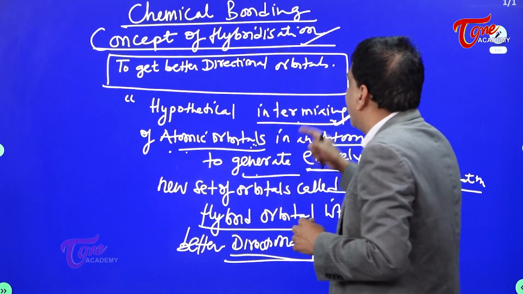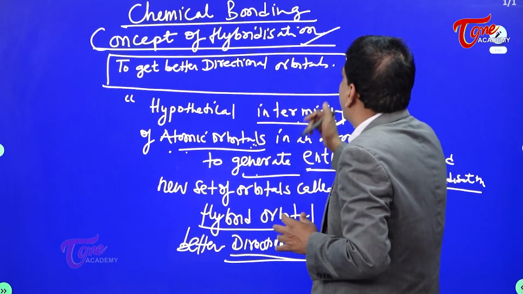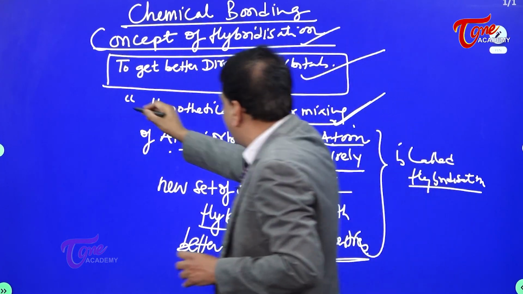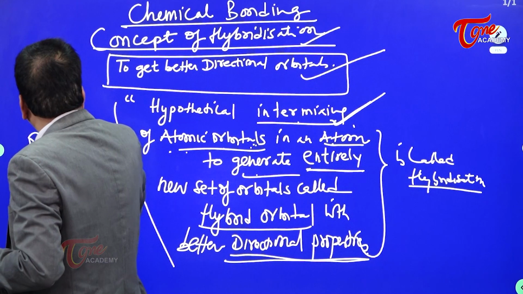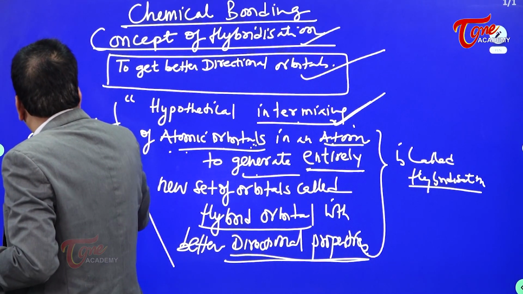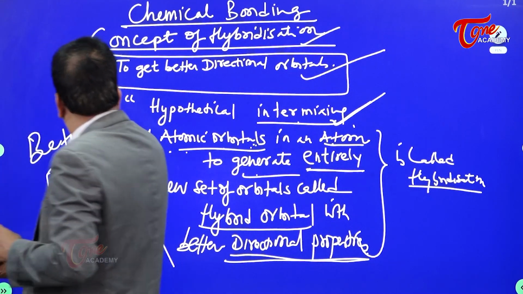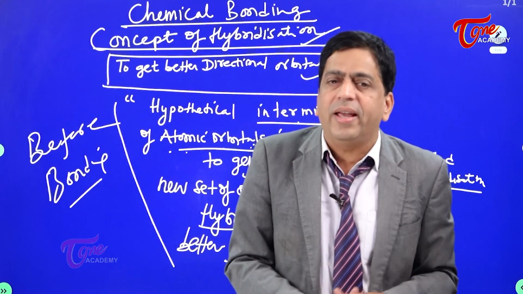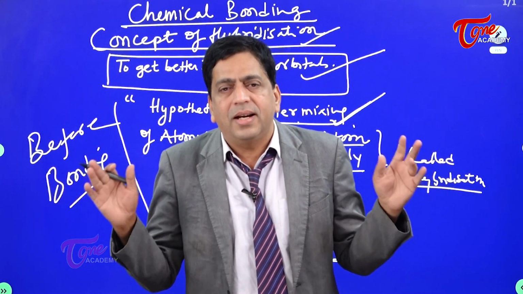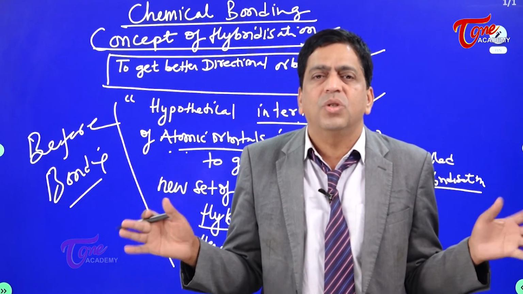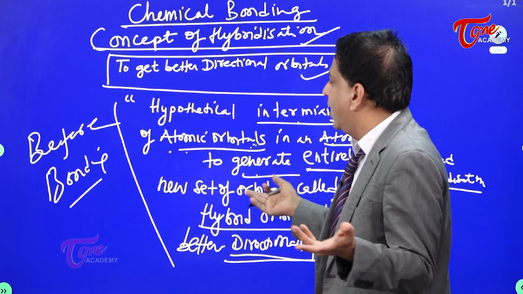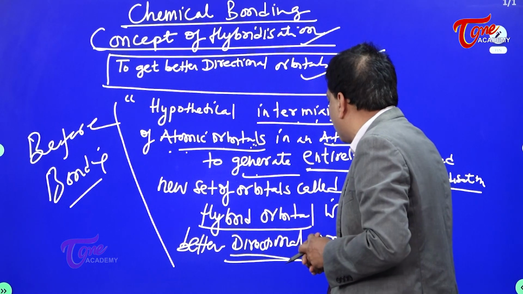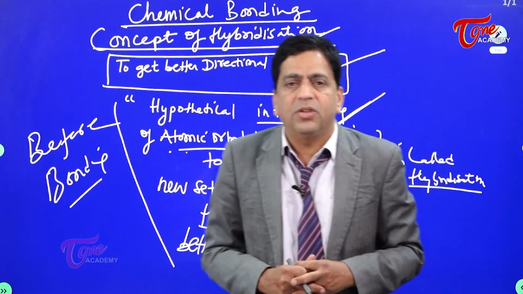So the entire hybridization is to get better directional orbitals, and all this is happening before bonding. Before I invite the partner for bonding, I'm getting readied. How did I get readied? I intermix the atomic orbitals to generate entirely a new set of orbitals called hybrid orbitals with better directional properties.